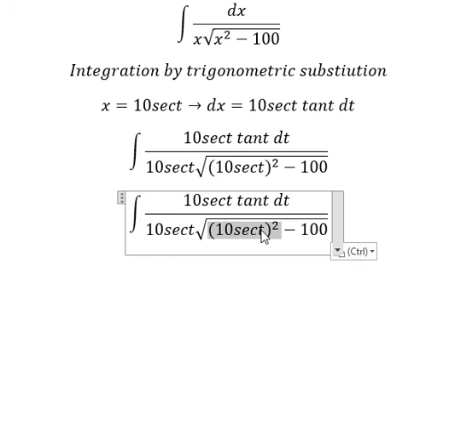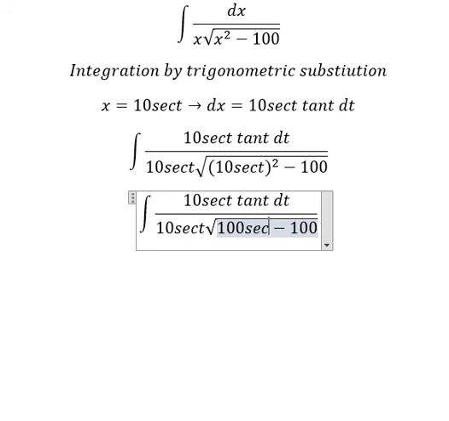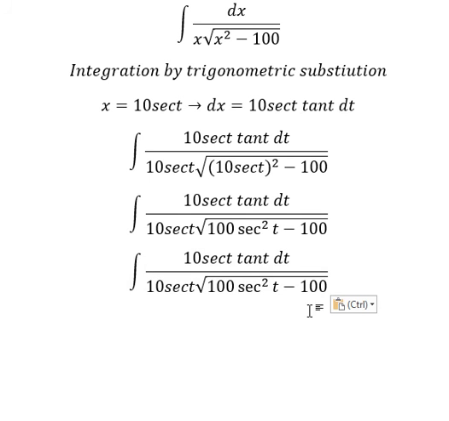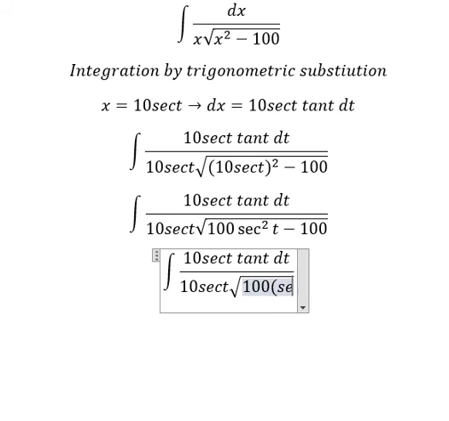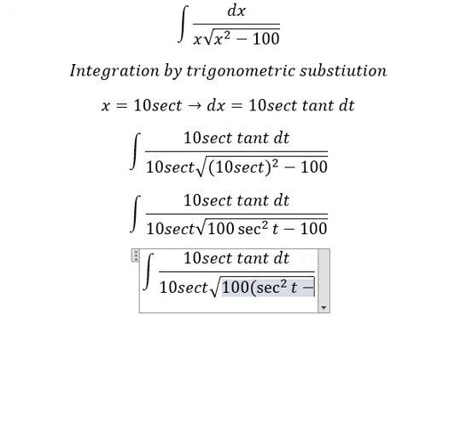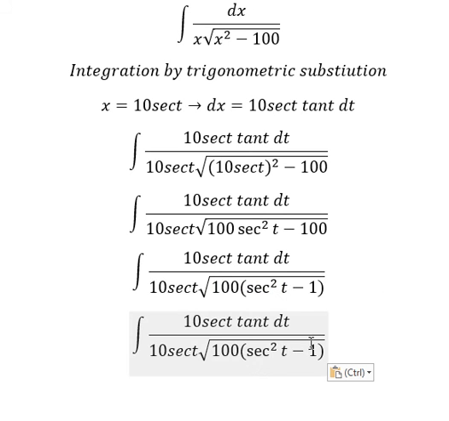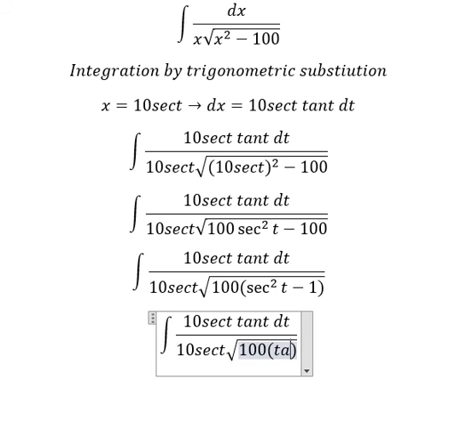This one you get 100 secant of t squared. 100 we can do factorization. This one we change for tan t squared.